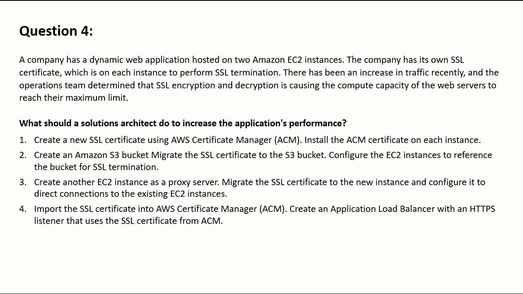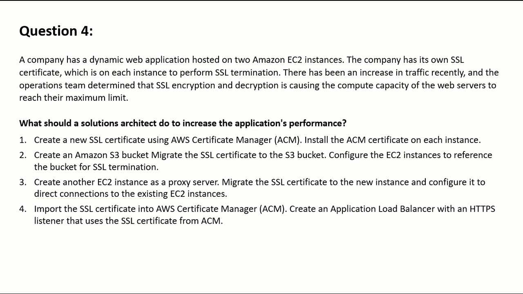So, option 1 says create a new SSL certificate using AWS Certificate Manager, install the ACM certificate on each instance. Option 2, create an Amazon S3 bucket, migrate the SSL certificate to the S3 bucket, configure the EC2 instances to reference the bucket for SSL termination.